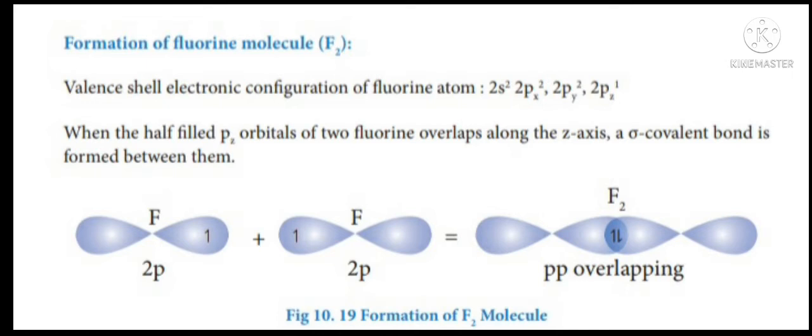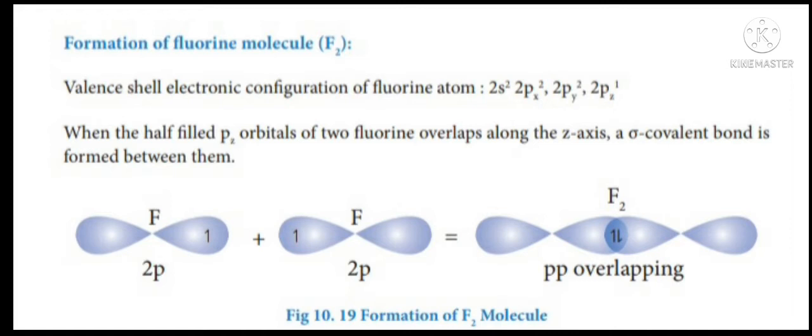When the half-filled pz orbitals of two fluorine atoms overlap along the z-axis, a sigma covalent bond is formed between them. Here, 2pz orbitals with one electron of two fluorine atoms overlap axially and form a sigma bond.